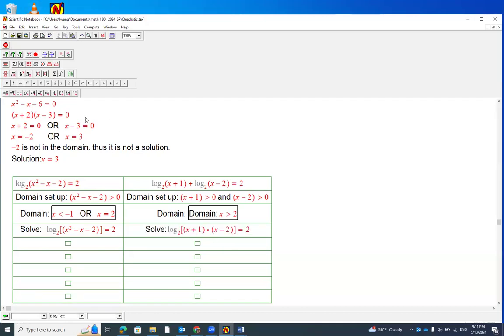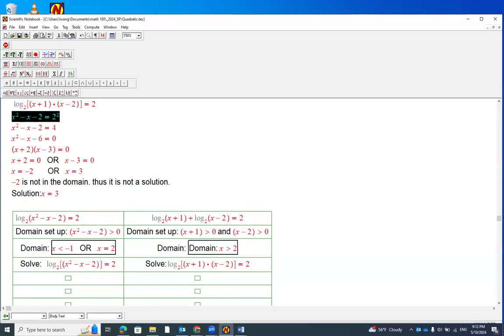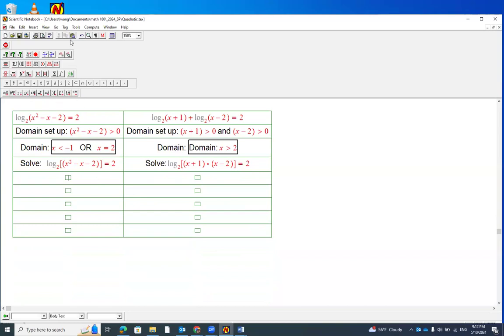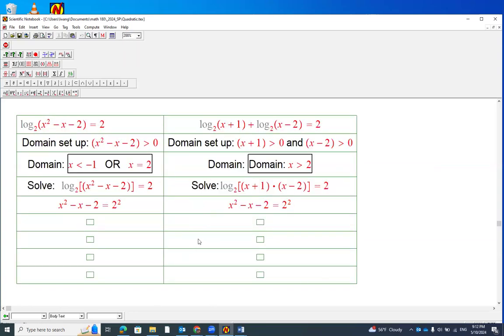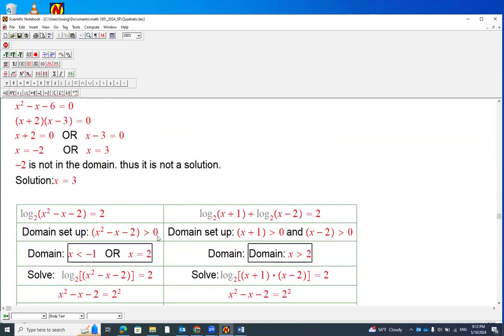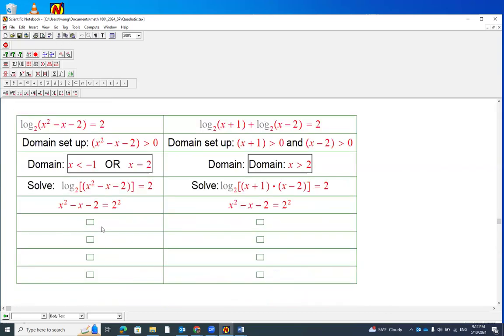And the first one, you don't need to apply the product rule. You also don't need to do any factoring. The next steps are completely the same. Let me make the font larger. You can see the difference. And the solutions are the same, but of course you have to do the domain check.